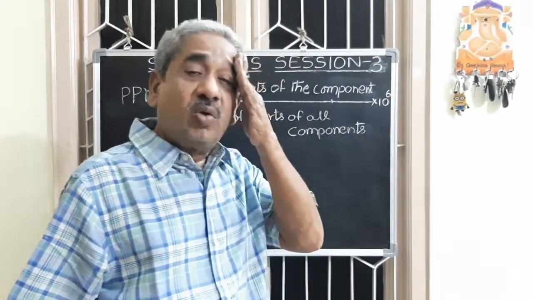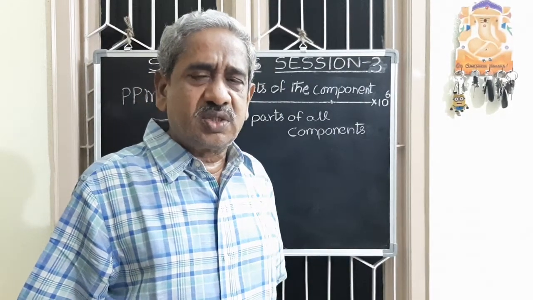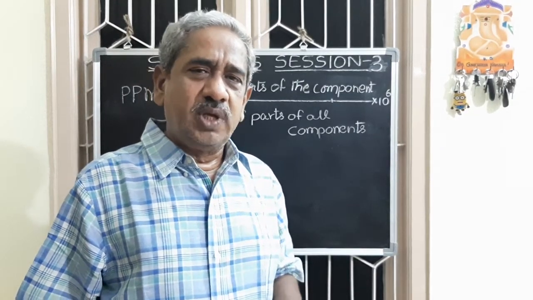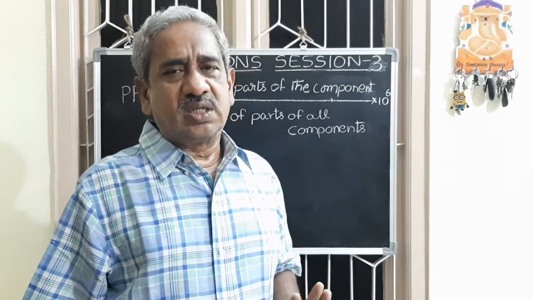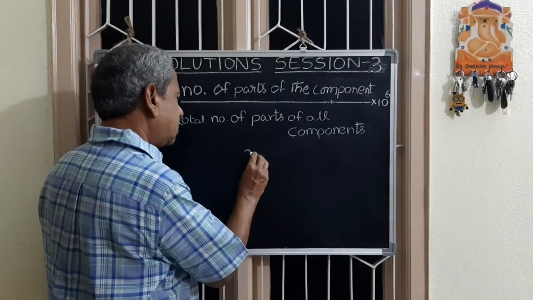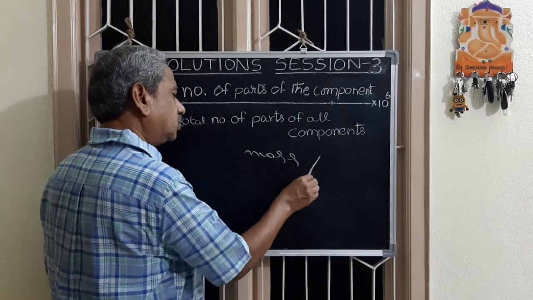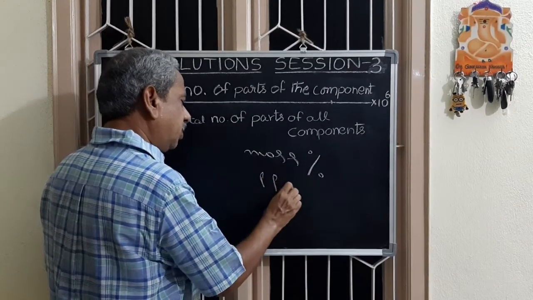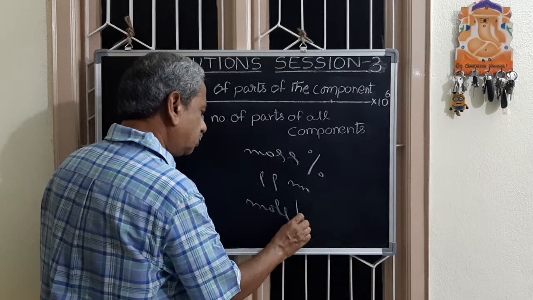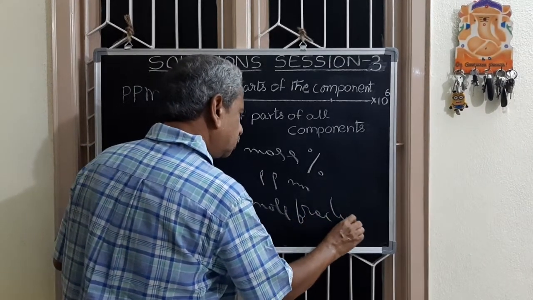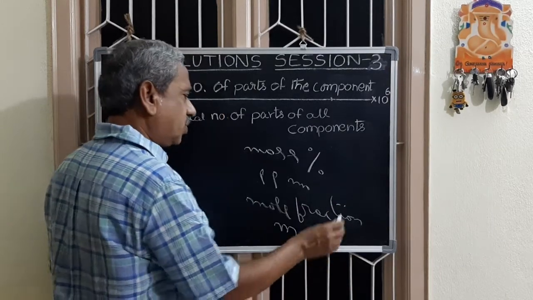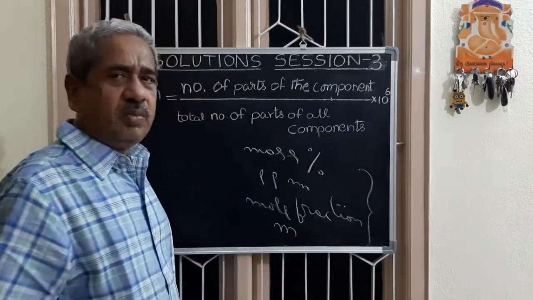Till now we have discussed different concentration units: molarity, molality, mass percentage, ppm, mole fraction, etc. Among these concentration units, mass percentage, ppm, mole fraction, and molality, that is small m, are independent of temperature.